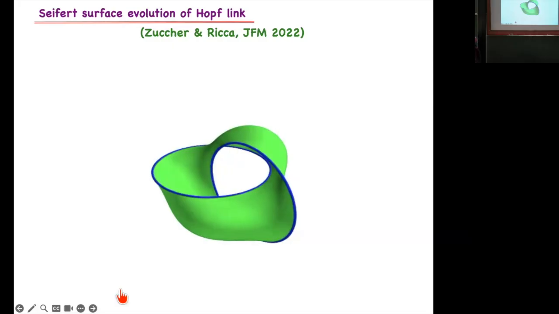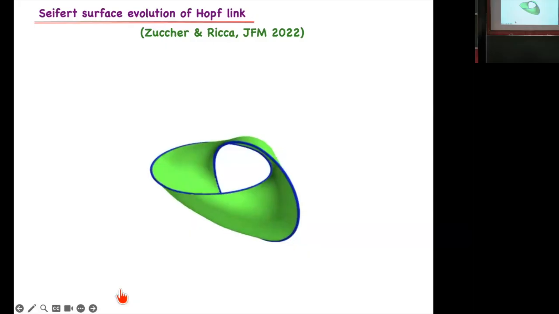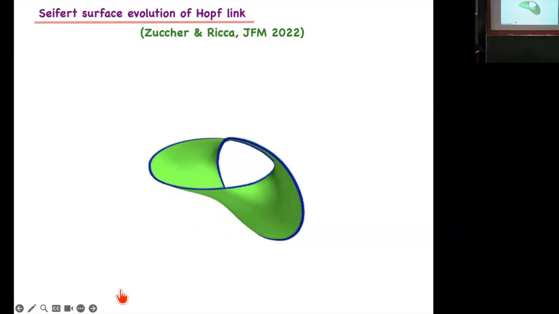And as I run the slow simulation, you see the evolution of a Hopf link, as we saw before. It reconnects, it produces smaller loops, and the surface does the same. Because helicity is conserved during reconnection, the surface orientability is preserved.